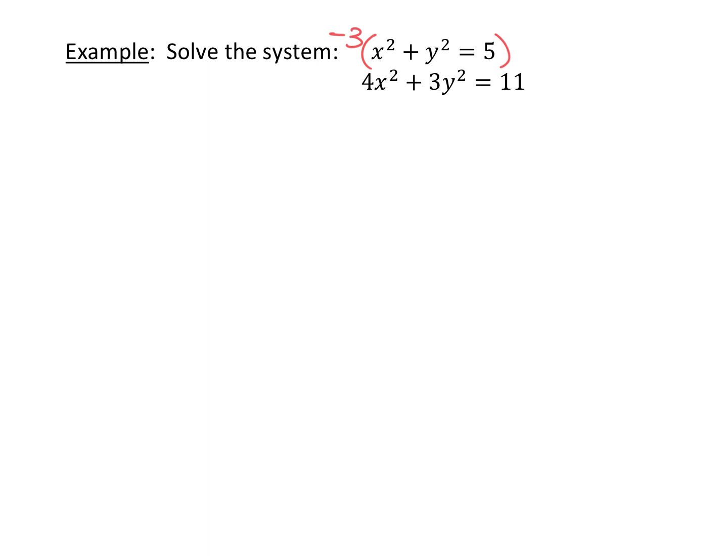So I'll rewrite the system to the right. That'll be negative 3x squared minus 3y squared equals negative 15. Don't forget to multiply the 1 after the equal sign. And this bottom equation is staying the same. And you should be able to add them up now.